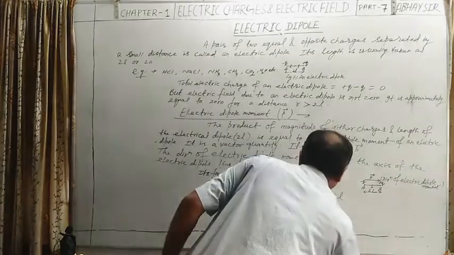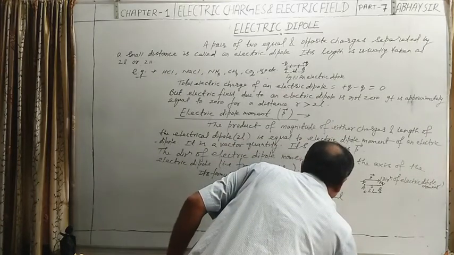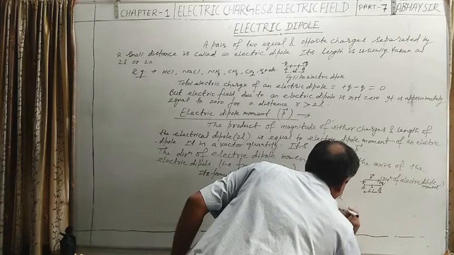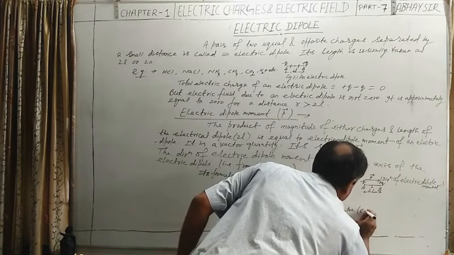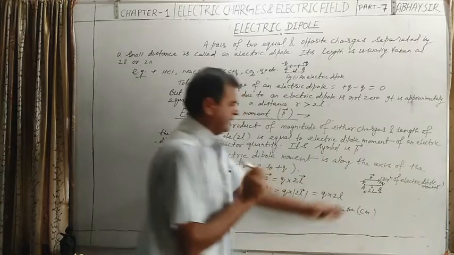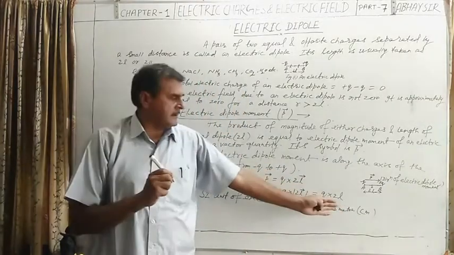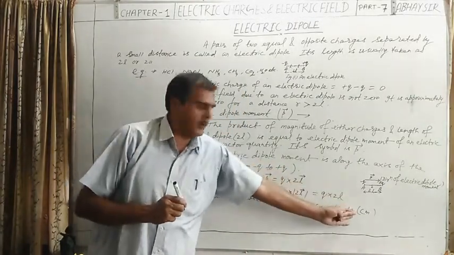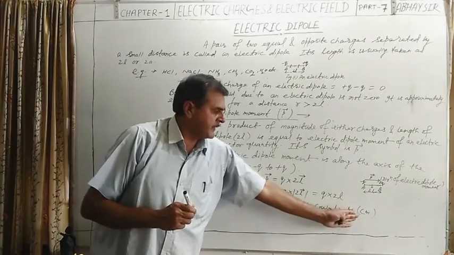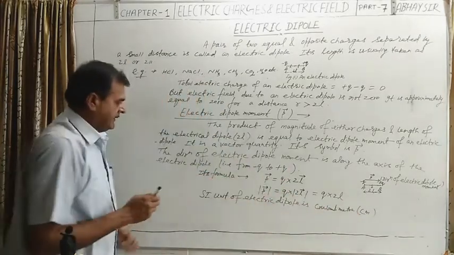So it is Coulomb meter, which in symbol can be written as Cm. C stands for Coulomb, and M stands for meter.